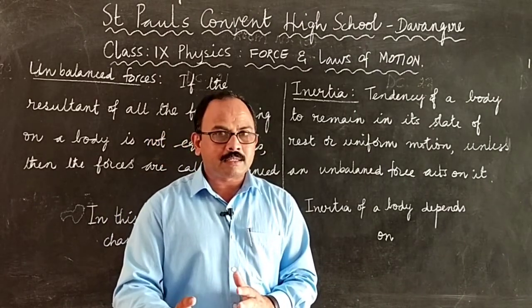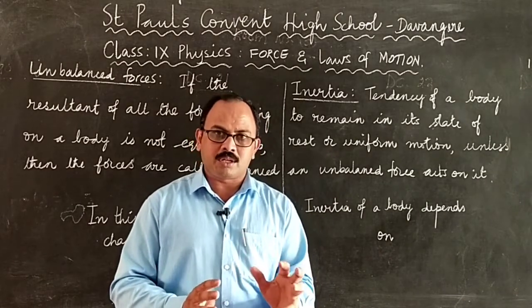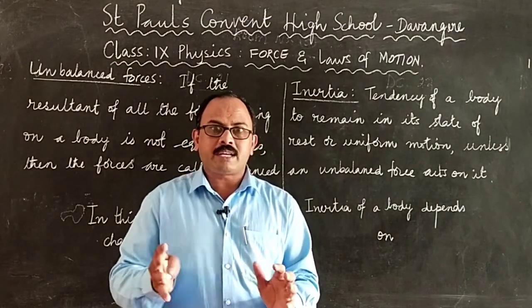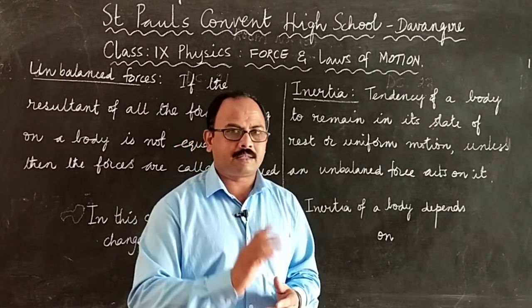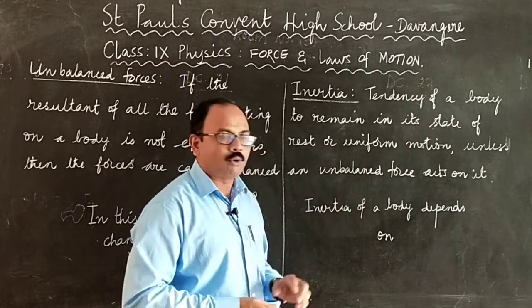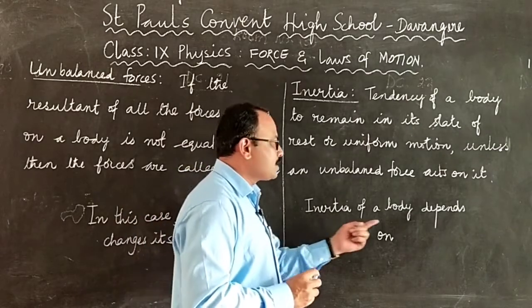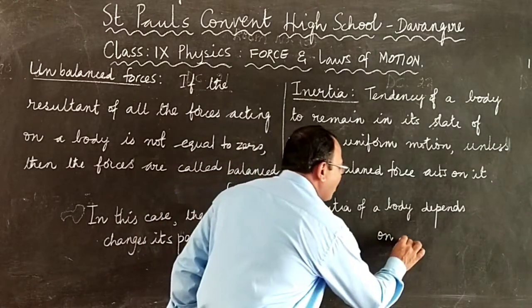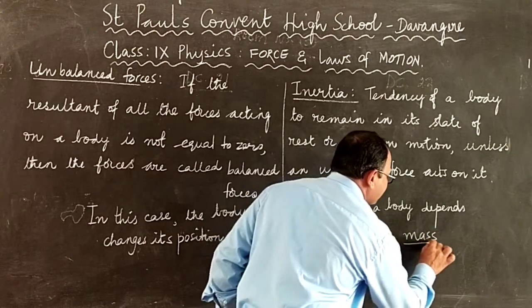If the object is in uniform motion, it will continue in its uniform motion. Till what time? Unless an unbalanced force acts on it. An important concept, children: the inertia of a body depends on the mass of the object.